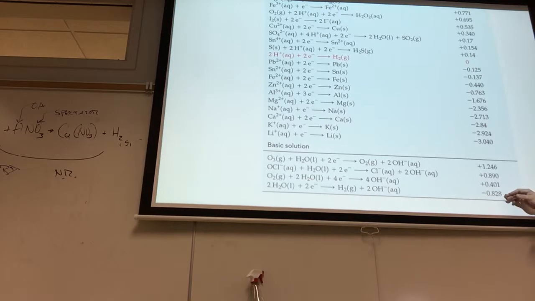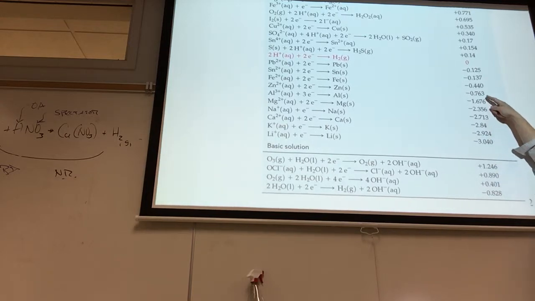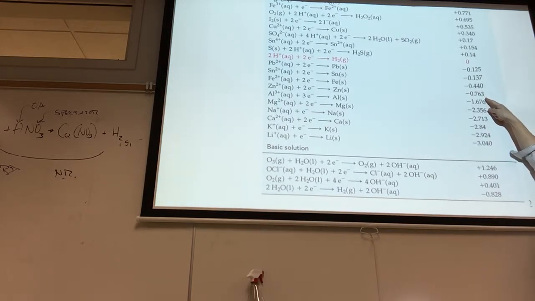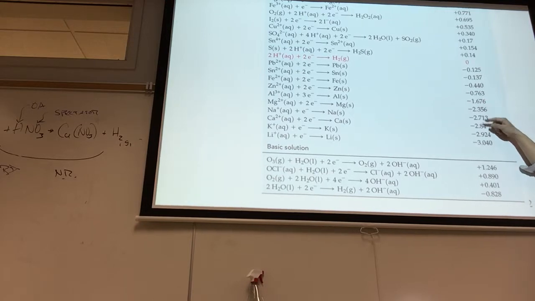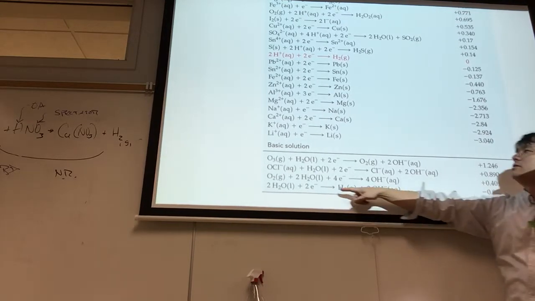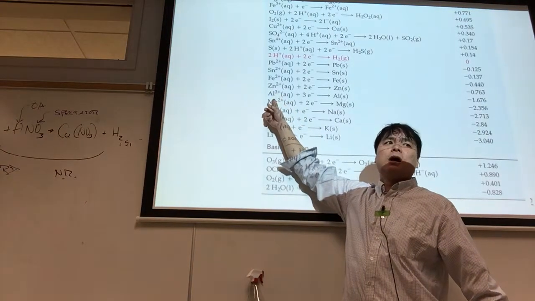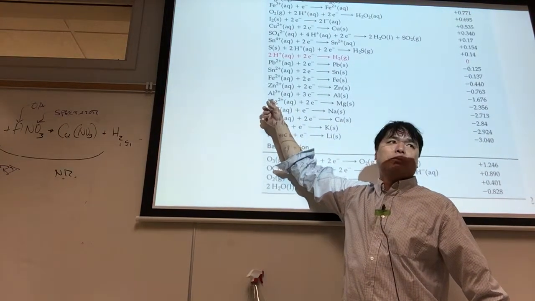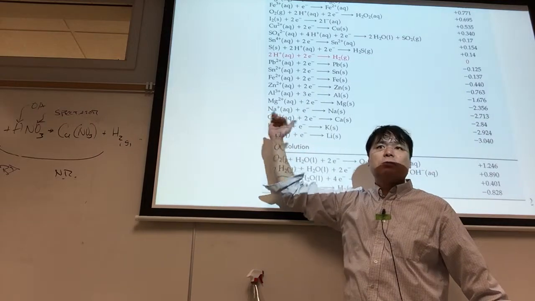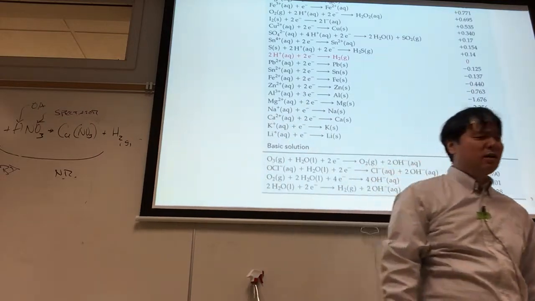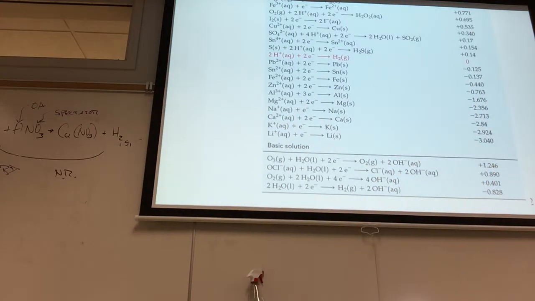That positions water between zinc 2+ and aluminum. The way I read this is that water is a stronger oxidizer than zinc 2+, but a weaker oxidizer than aluminum 3+. So in other words, water is a pretty weak oxidizer.